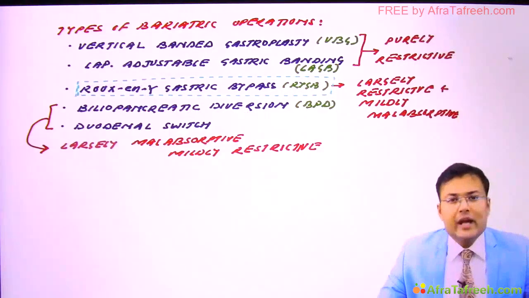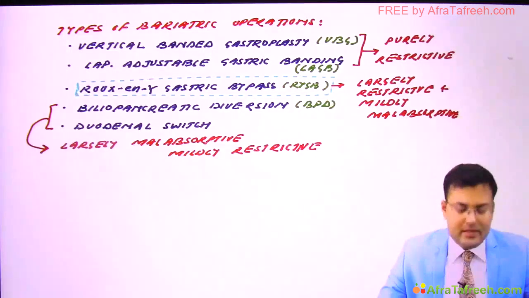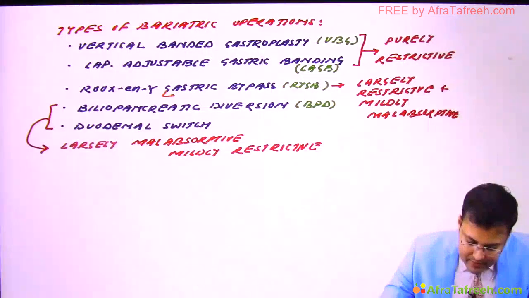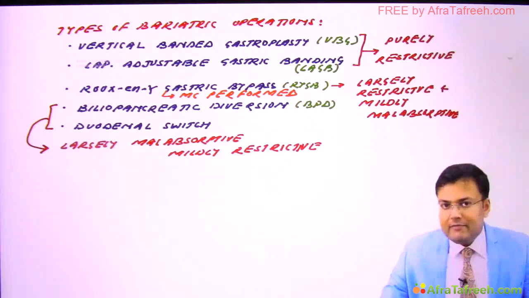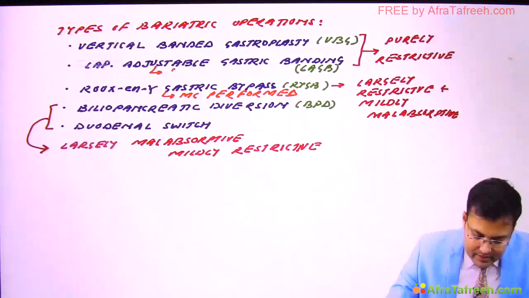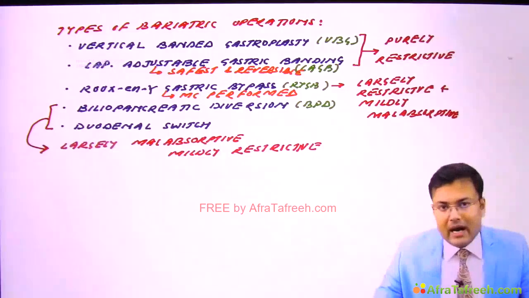This is Roux-en-Y gastric bypass, in short RYGB. And out of these five, which one is safest and reversible? It's LAGB. Clear? So these are commonly asked questions related to types of bariatric surgery.